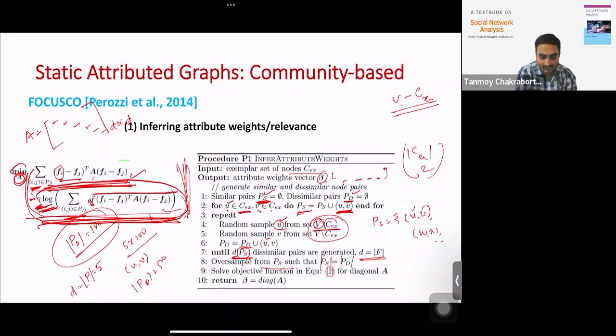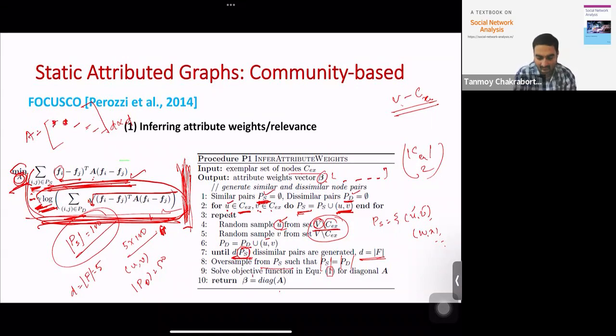Now I minimize it. You see that this is an optimization problem, and this is convex. I minimize it and I get A. So A is the matrix whose diagonal elements will be the importance of features. A11 corresponds to the importance of feature 1, A22 corresponds to the importance of feature 2, and so on and so forth.